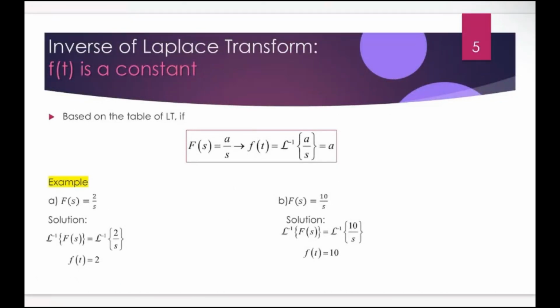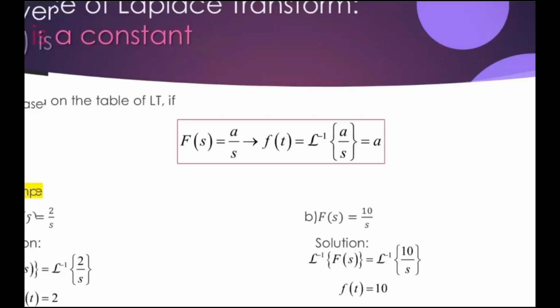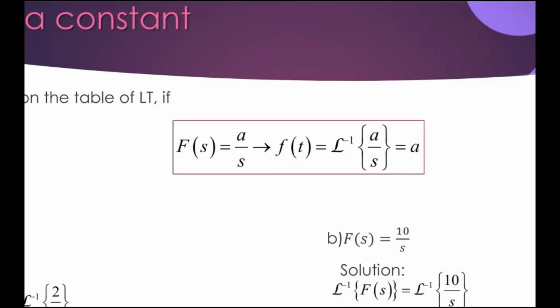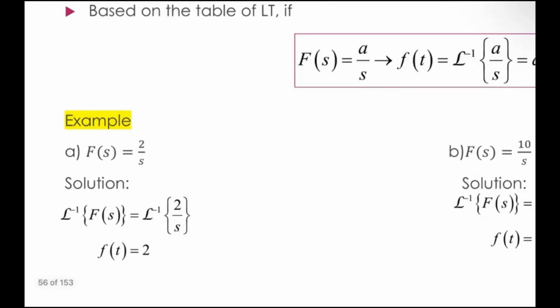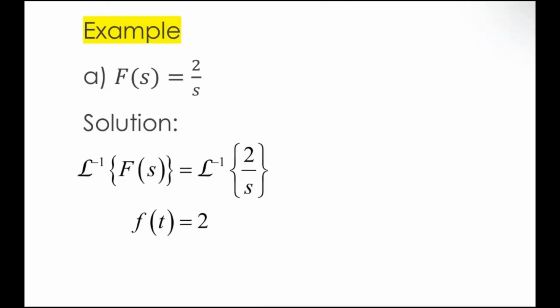Based on the table of Laplace, given that we have F(s) equal to a over s, referring to the table, the inverse is equal to a. For example, if we have F(s) equal to 2 over s, then by using the inverse Laplace transform, the inverse of 2 over s is equal to 2.